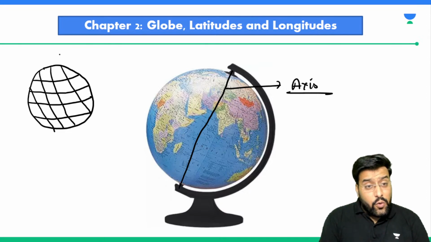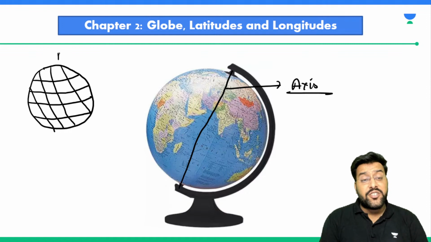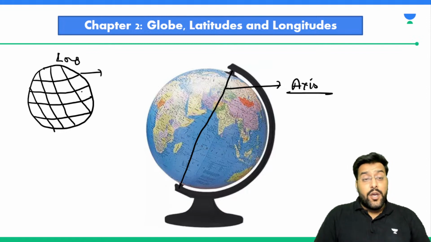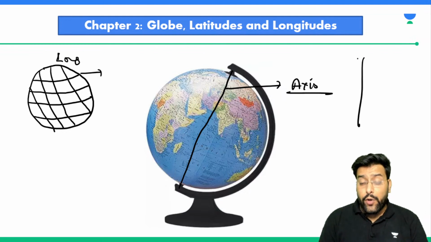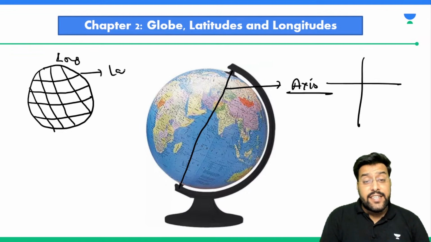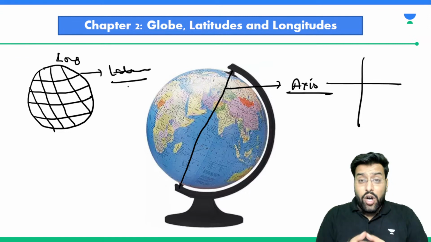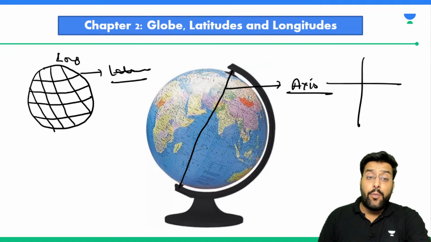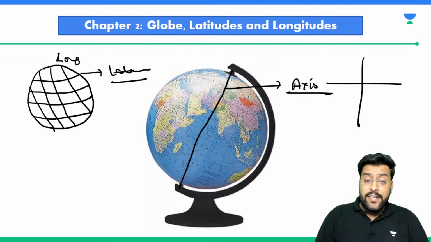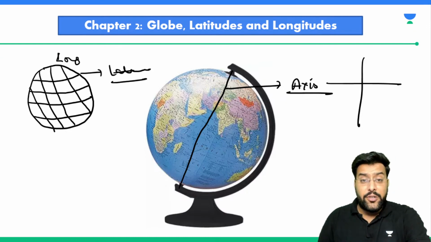The ones going from upwards to downwards, we call them what? Longitudes. And there is another set of lines that move in a horizontal direction. We have lines moving vertically from top to bottom, then we have from one side to the other. These are known as latitudes. In short, the chapter is the representation of the earth as latitudes and longitudes.